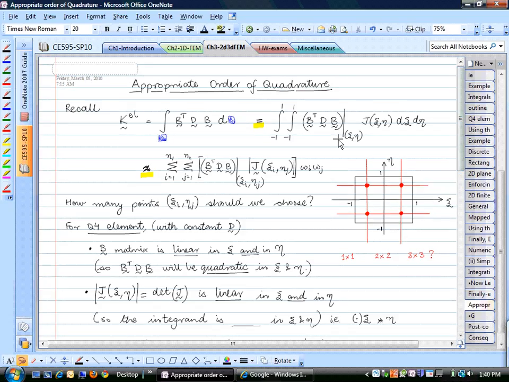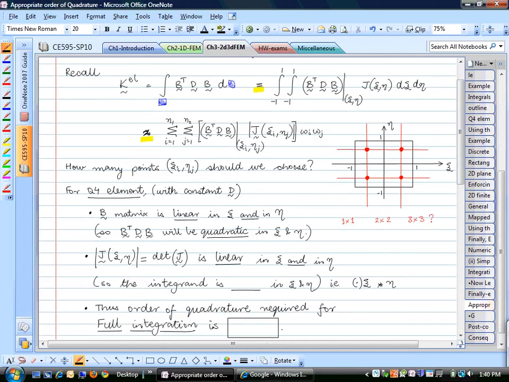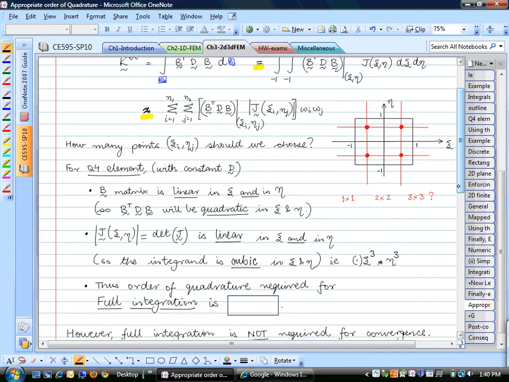Cubic. Because we just said that this thing is quadratic, this thing is linear in both Xi and eta, therefore the integrand will be cubic, which means Xi cubed and eta cubed. So what order of Gauss quadrature should I use to calculate my integral exactly in Xi?